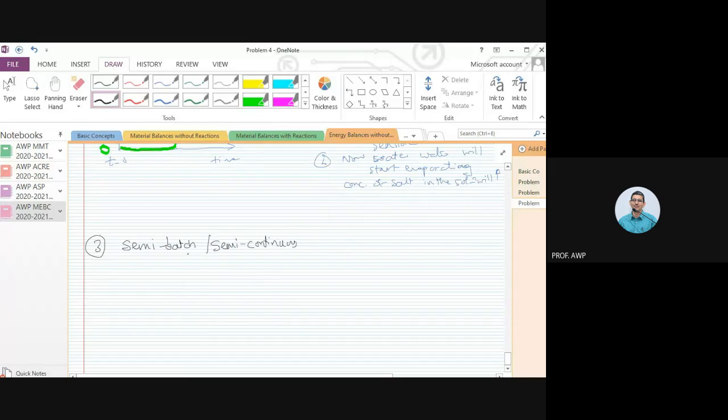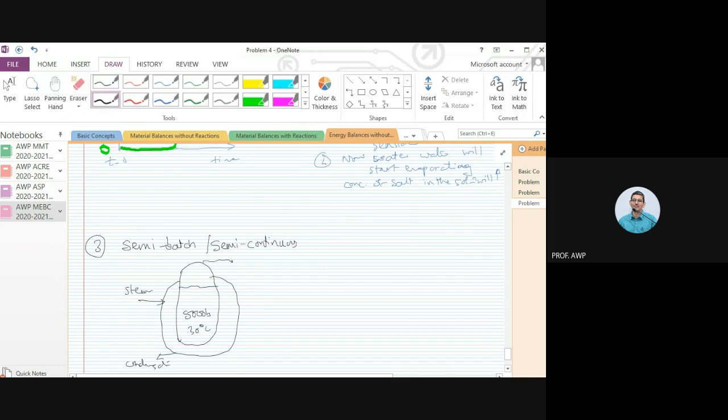But the word semi-batch is more often used than semi-continuous. So what we will do is initially we will take 5000 kgs at 30 degrees centigrade. We will start the steam. Condensate will start coming out. Right? Temperature will rise to, let's say, 105 degrees centigrade.